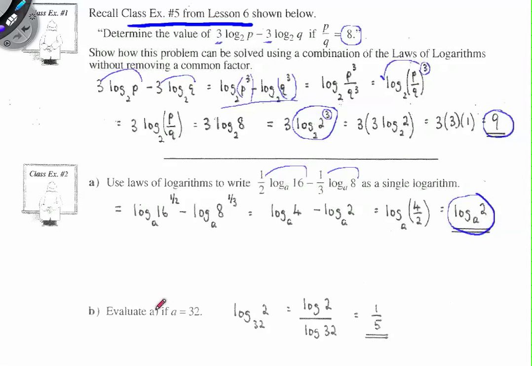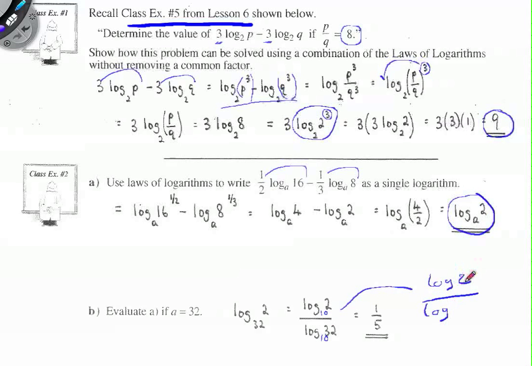Evaluate a if we have a equal to 32. So this is a base of 32. So writing it like this, log 2 base 32. Remember, we can do change of base, where we can make the base anything. In this case, since it's not mentioned, it's base 10. So it's log 2 over log 32. In our calculators, we can do that, or we can simply change this to log 2 over... Now remember what 32 is.